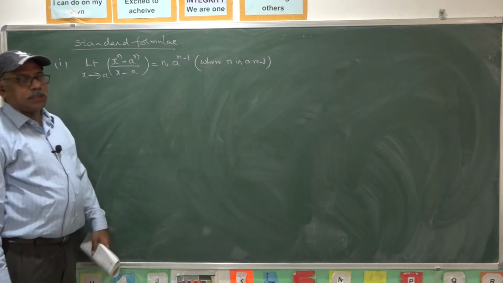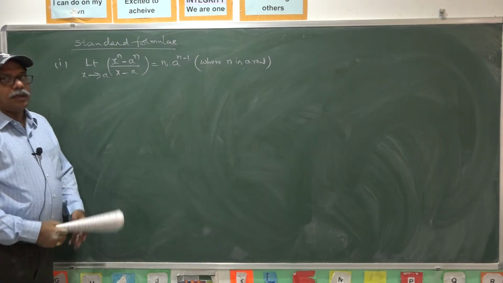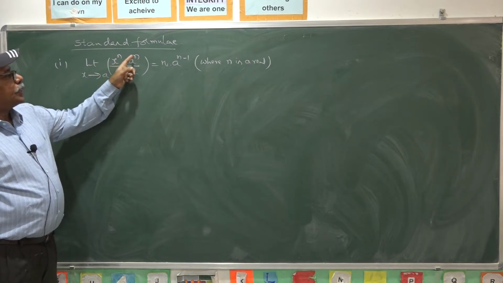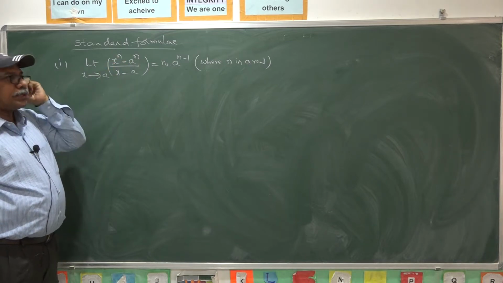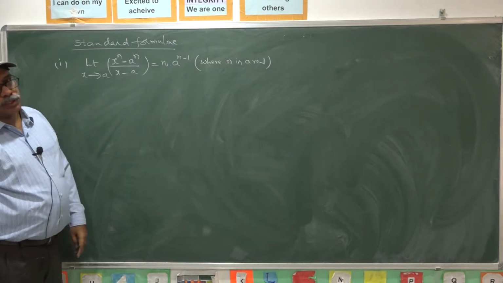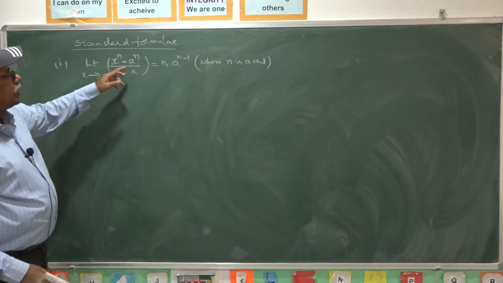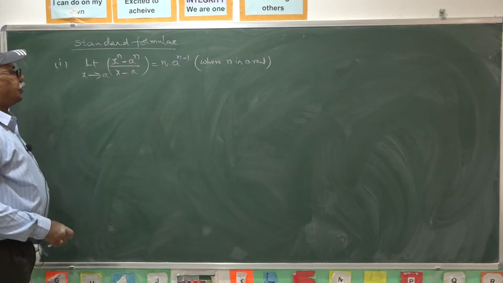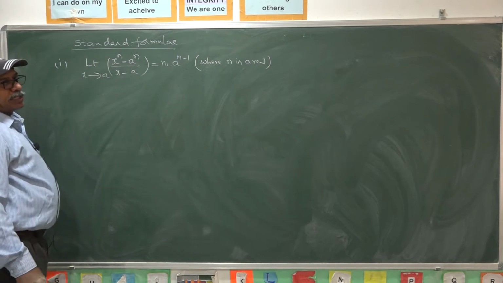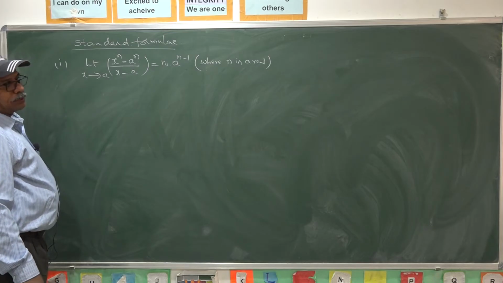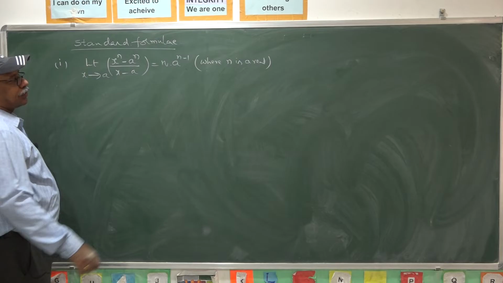Once n is a real number, limit as x goes to a, (x^n minus a^n) by (x minus a) equals n into a^(n minus 1). Here a is also a real, x is also a real.